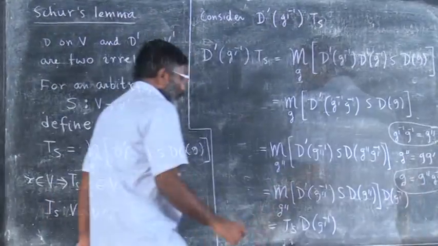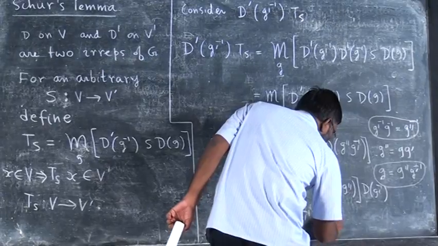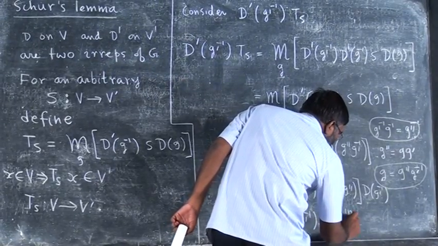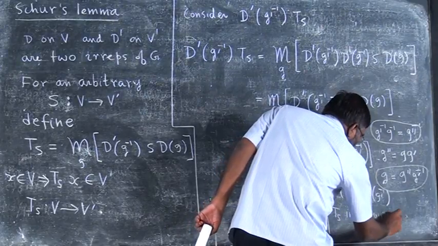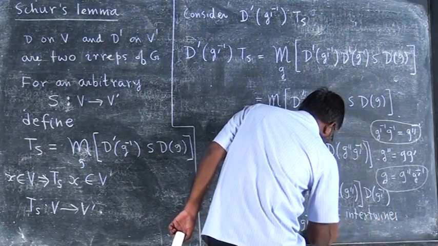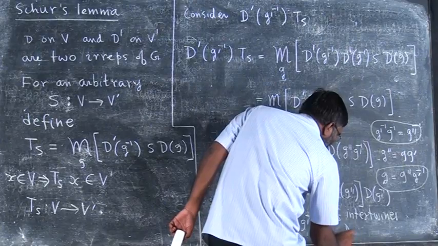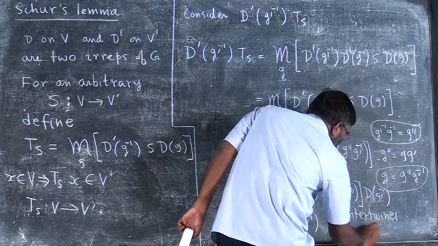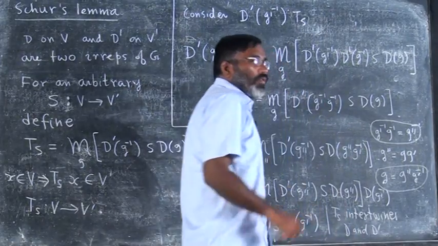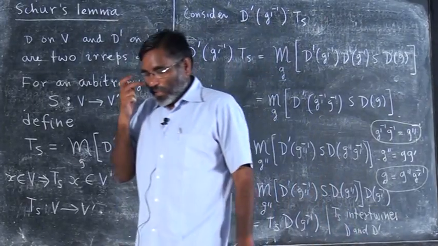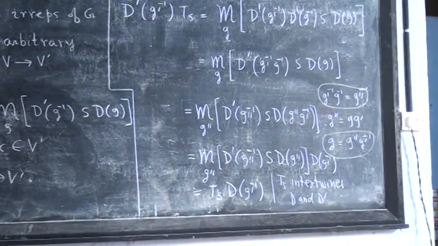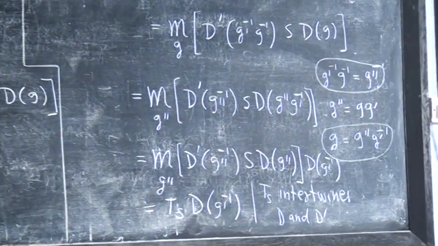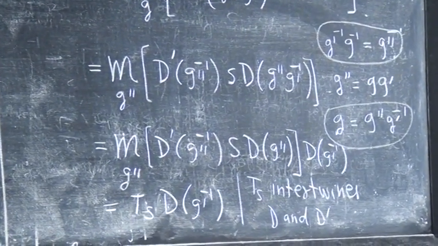Okay? So we say that TS intertwines D and D prime. Why we want such a map? Because we know if an intertwining map is there, we can use Schur's lemma.